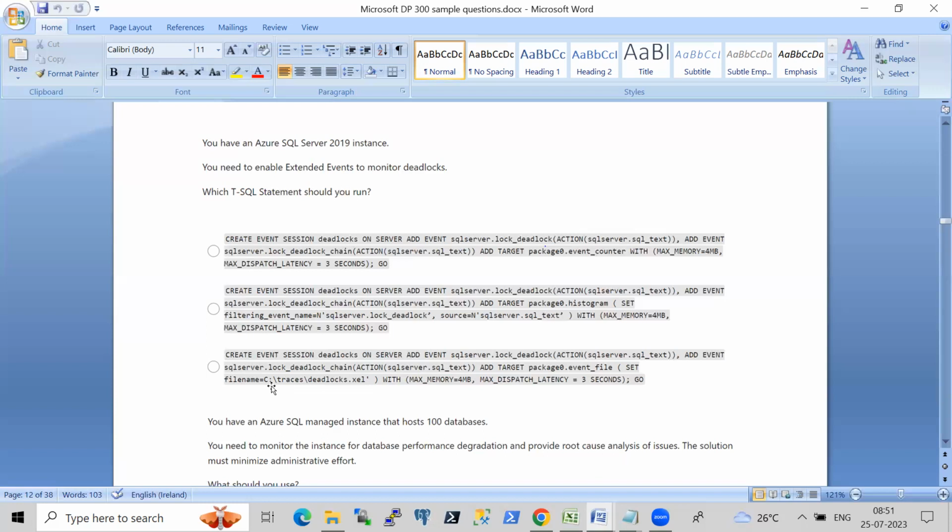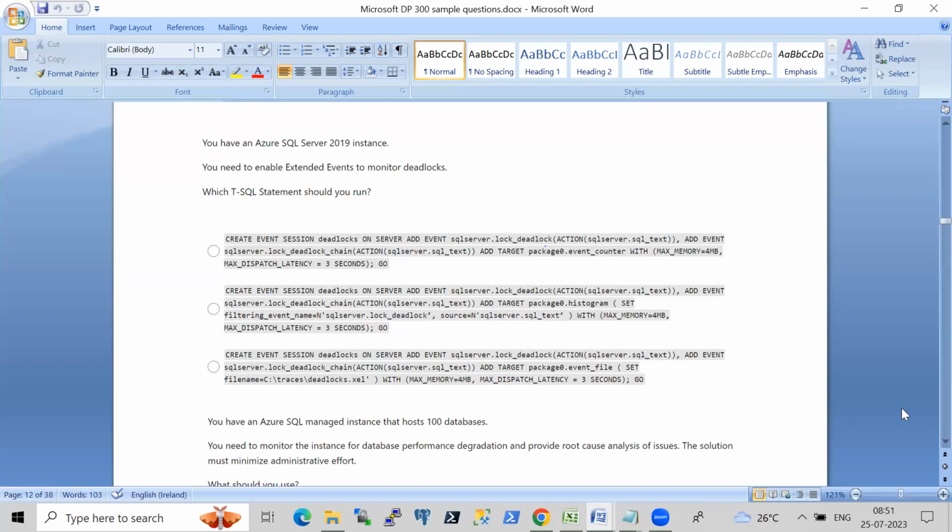But on Azure SQL, you will only see the Azure master database and your database. You will not even see the model, MSDB or TempDB databases. That's the reason Azure SQL is called database as a service, whereas managed instance is called instance as a service. That's the difference.